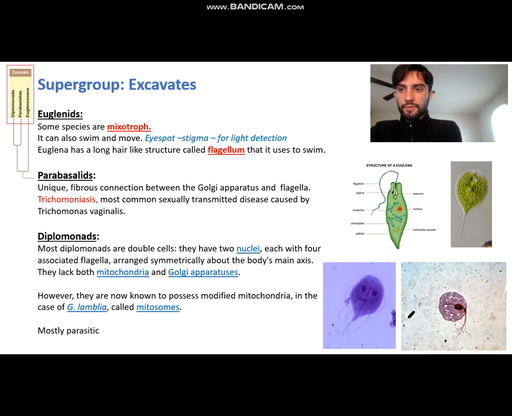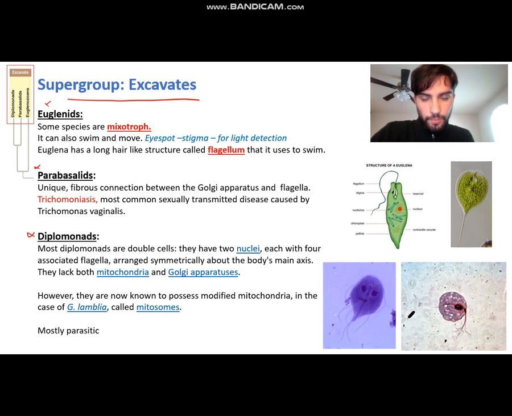So here we have another supergroup, the excavates, which includes euglenids, parabasalids, and diplomonads. Euglenids have both chloroplasts, and they also have a mouth. So they are mixotrophs. Mixotrophs means that they are both heterotrophs and autotrophs.